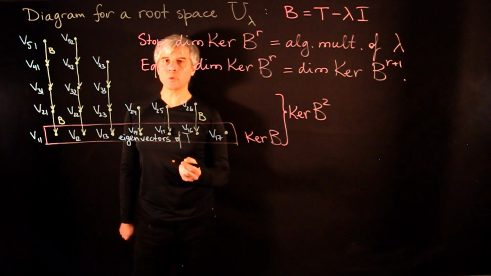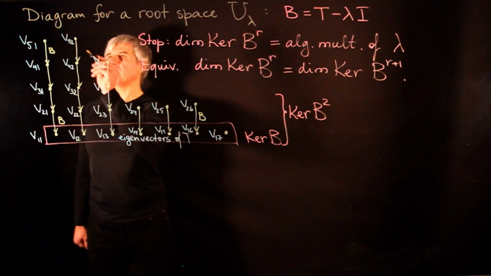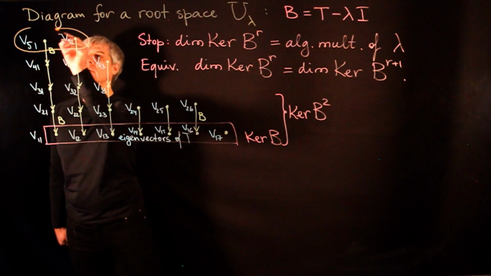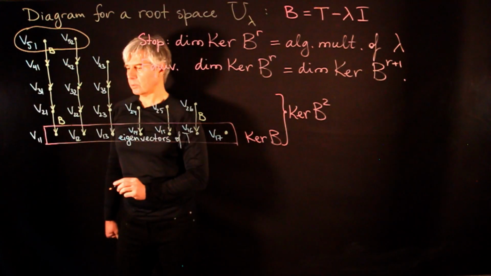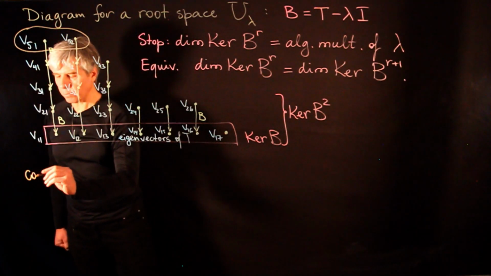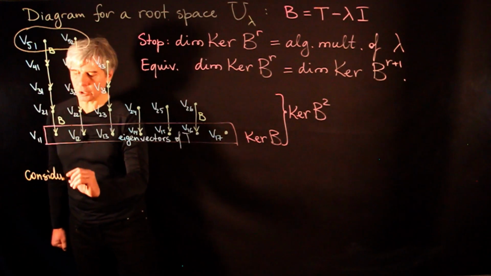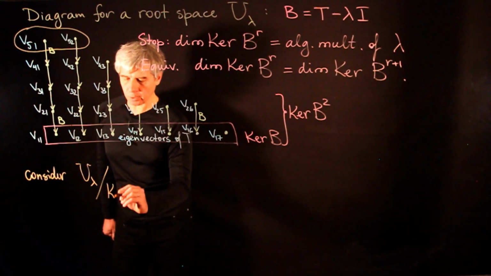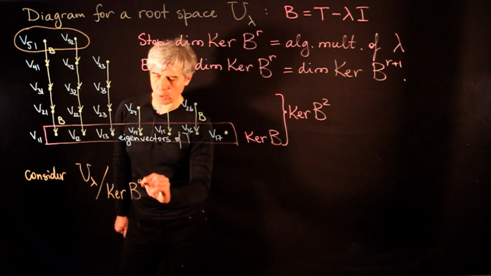In order to compute these bases, we would want to begin with the very top. We would want to find the 2 vectors on the 5th layer. To do this, we consider the quotient space u lambda quotient by the kernel of b to the power 4.